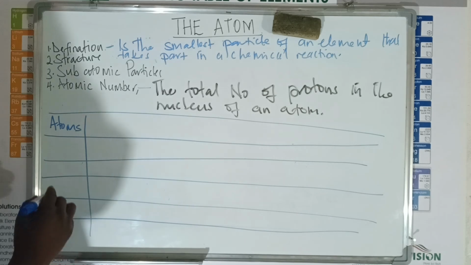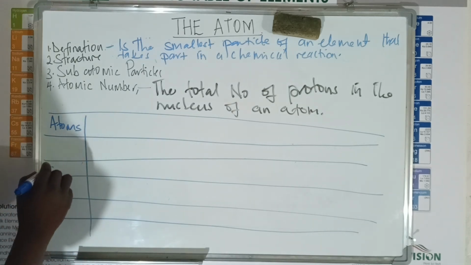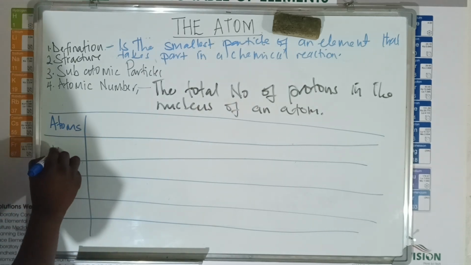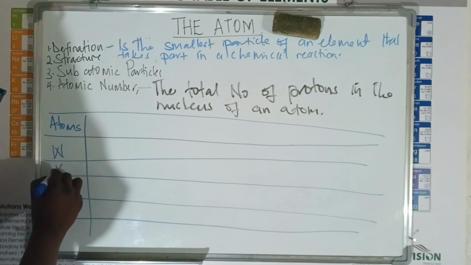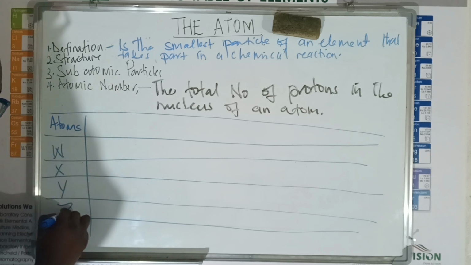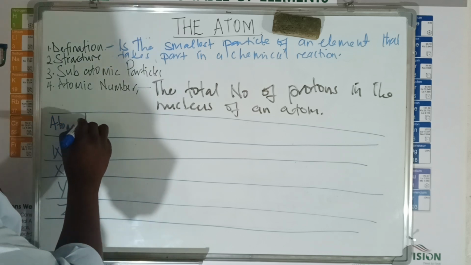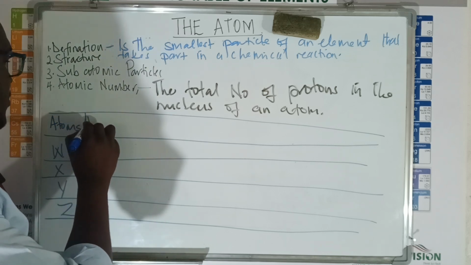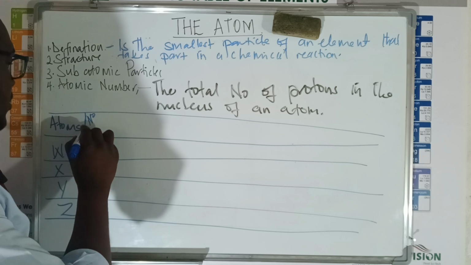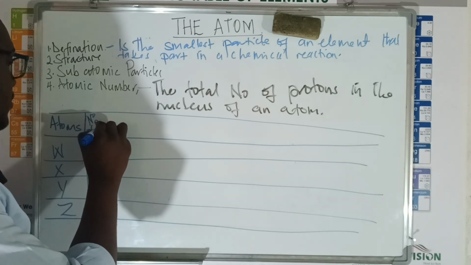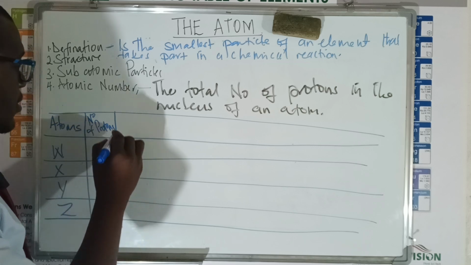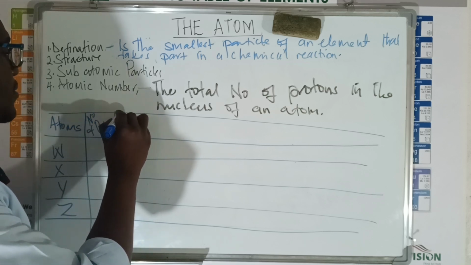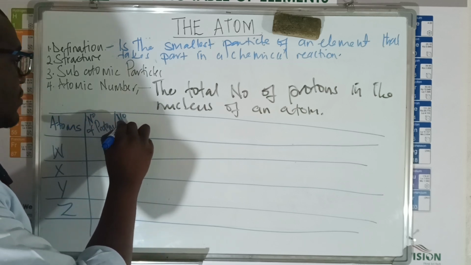We can have element, these are not symbols of elements, but just examples, maybe W, X, Y, Z. Then first we can have number of protons. The next column we can have number of electrons.